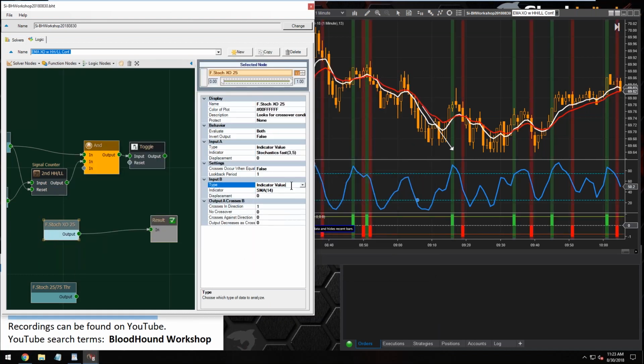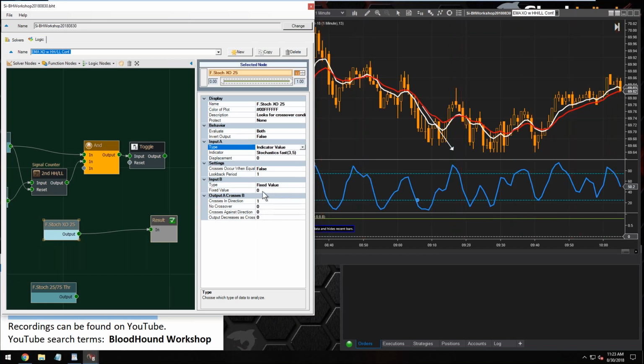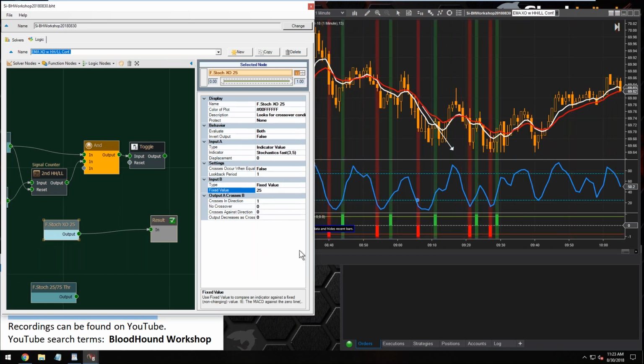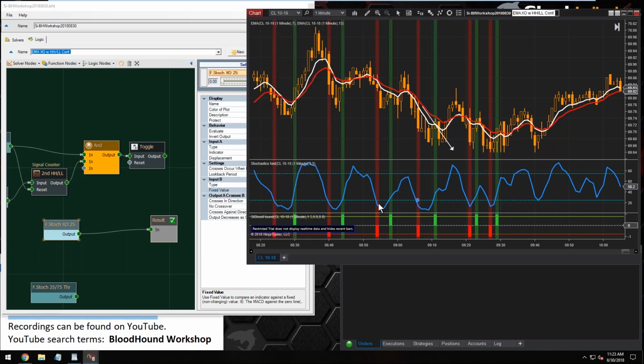Input B, that's going to be our 25 level, right? So that's going to be a fixed value there. And so we'll put in the 25 threshold there. And there we go, right? So now we can see whenever the stochastic is crossing that 25 level.